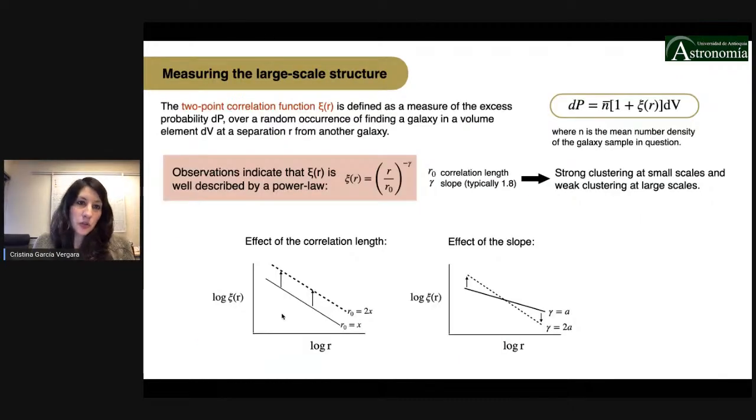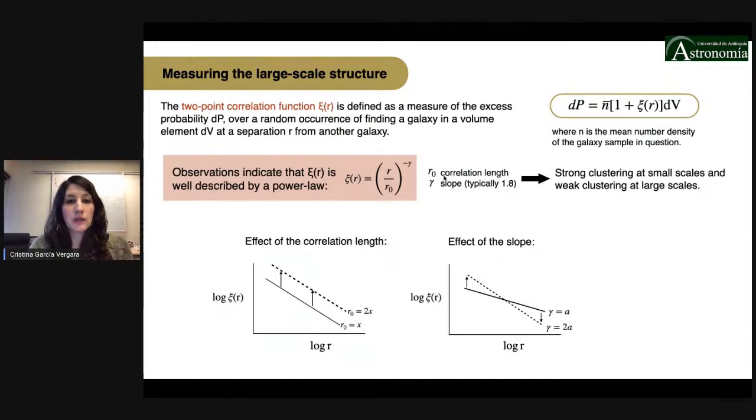We also in lecture 2 talked about how we can measure the correlation function. I defined this quantity based on the probability of finding galaxies above a random probability. We define the correlation function. I showed you that this is the typical shape that we find with two important parameters, R naught and gamma, which are the parameters that we actually need to constrain.